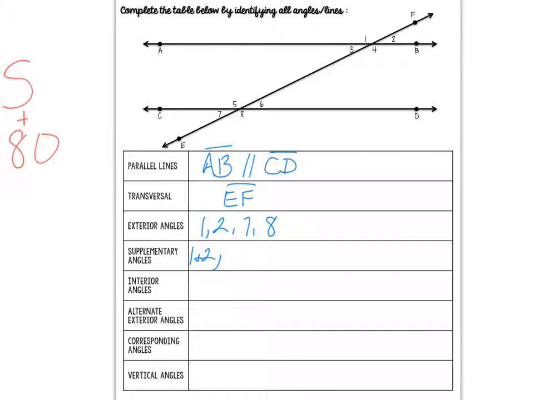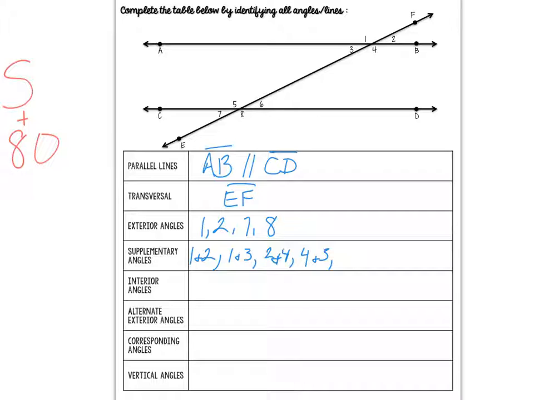All right, you could have 1 and 3. I could have 2 and 4. And then the last pair I could have up here would be 4 and 3. So that's just from angles 1, 2, 3, and 4. Those are all supplementary. They add up to 180, or they're linear pairs.